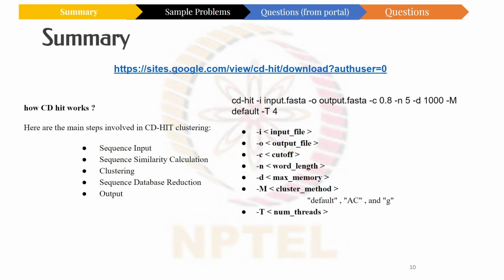This command will cluster the sequences in the input.fasta file using a 0.8 sequence identity cutoff, a word length of 5, and a maximum memory usage of 1000 MB. It will use the default clustering method and run on 4 threads. The resulting clustered sequences will be saved in the output.fasta file.